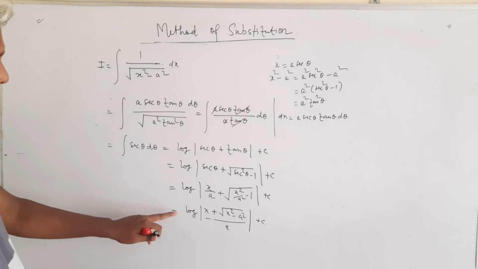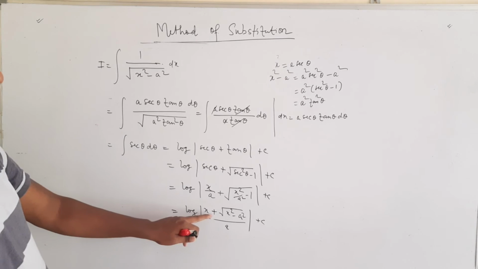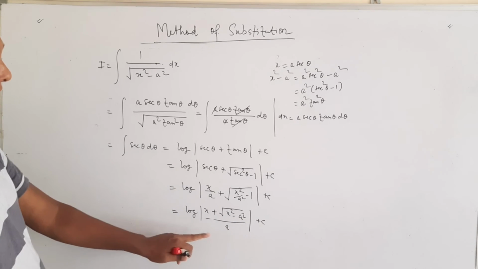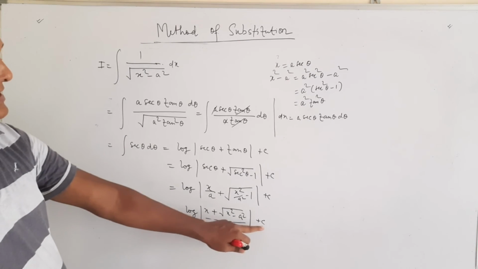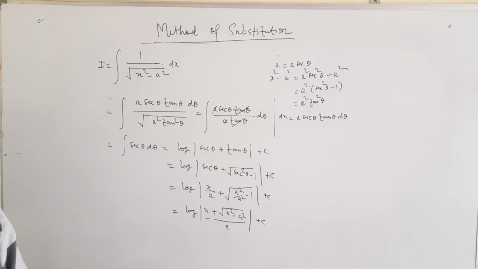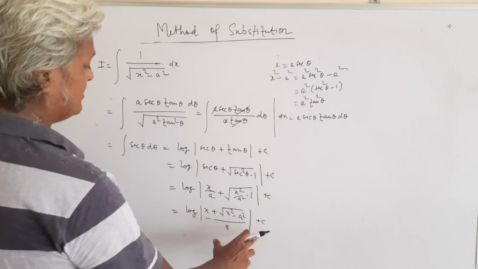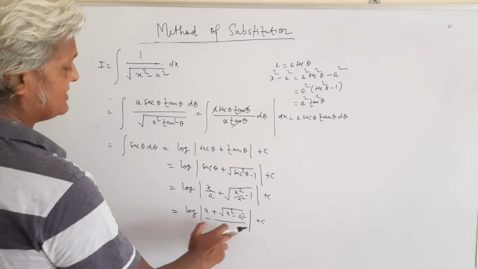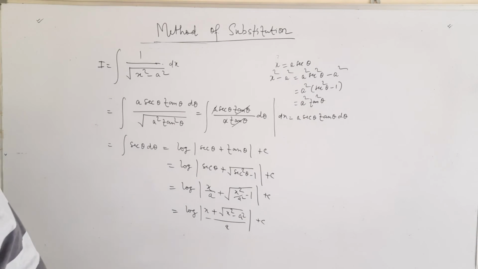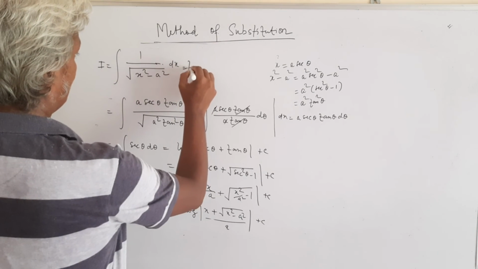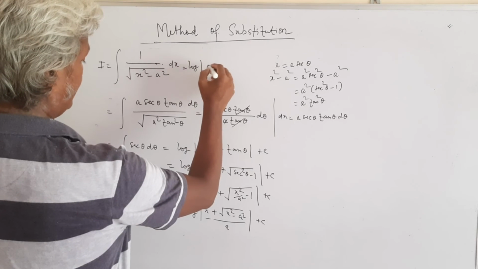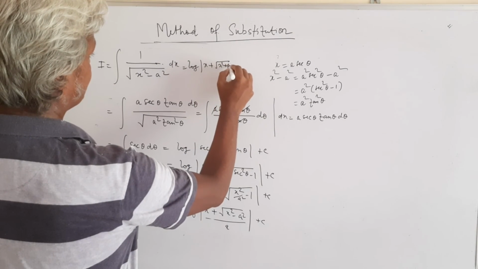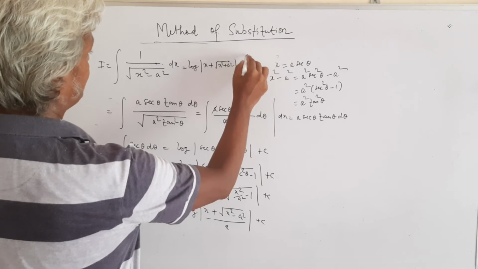So here you get one term, that is log mod x plus under root x square minus a square minus log a, and that log a will be compensated with the c, and that will make a new constant of integration, but we'll write it as c only. I mean to say this log a will be compensated as constant. So our final answer will be log mod x plus under root x square minus a square plus c dash.